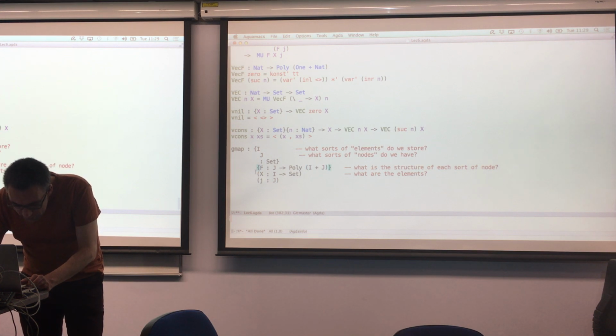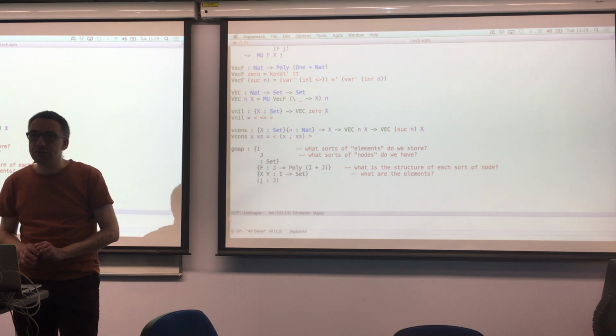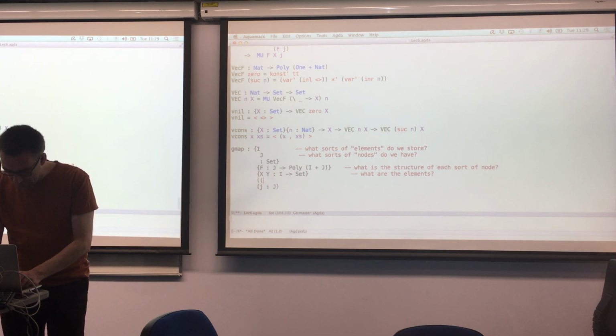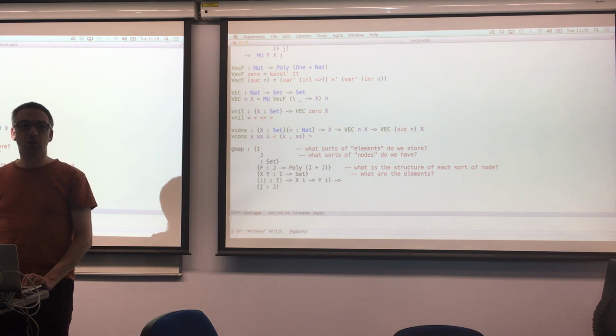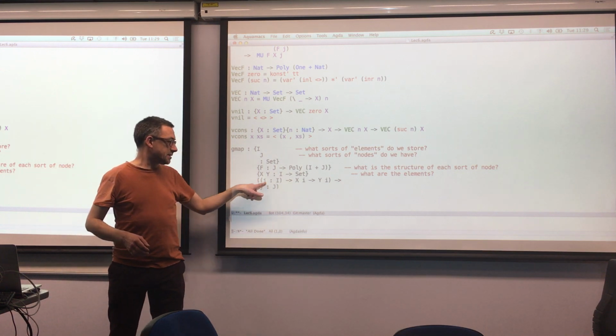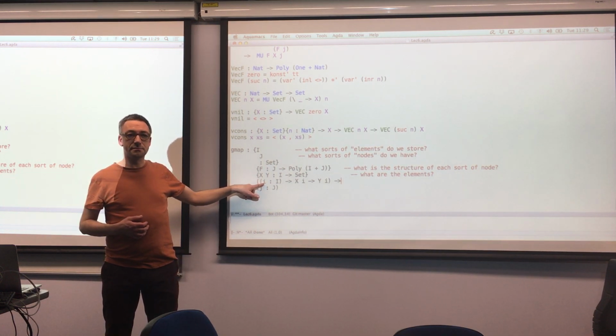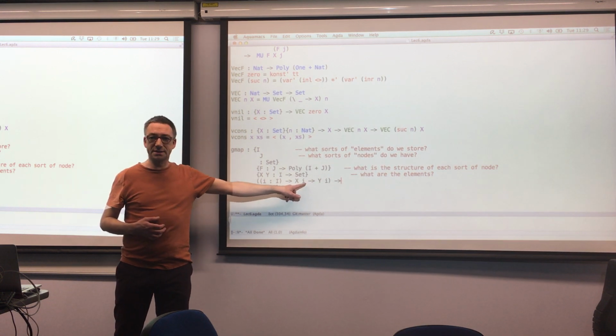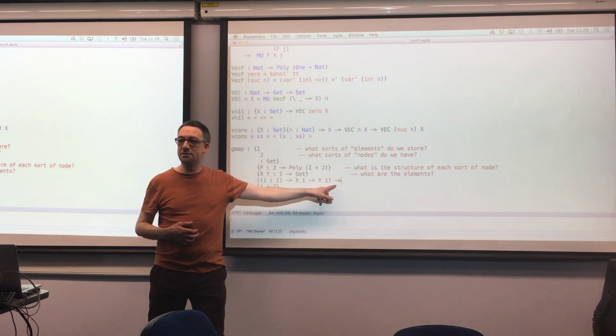Suppose we have two different sorts of data, x and y, and we have a function which offers to turn x's into y's. So this says, for each sort of element, we have a function that turns x's of that sort into y's of that sort.